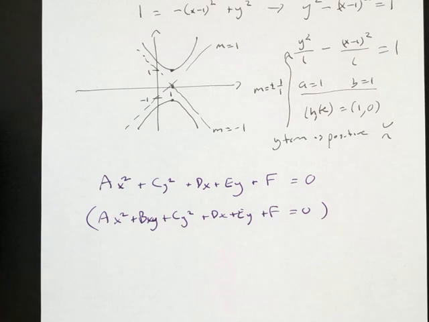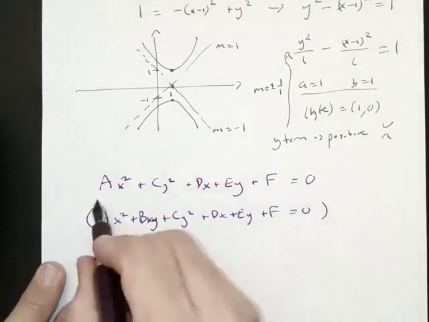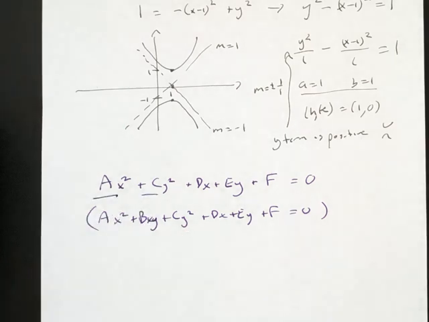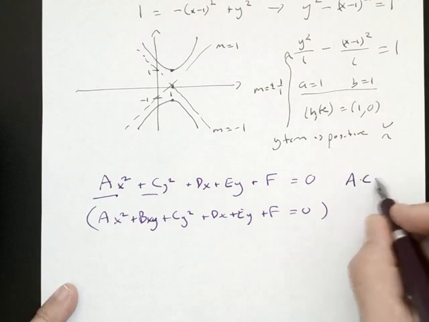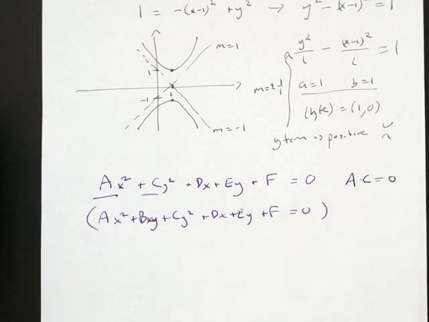A lot of people go, why'd you go from A to C? Because that's really where that is. Here's the deal. All I have to look at are these two numbers. If A times C is 0, then you have a parabola, because that means one of those two is 0 and you only have one square.